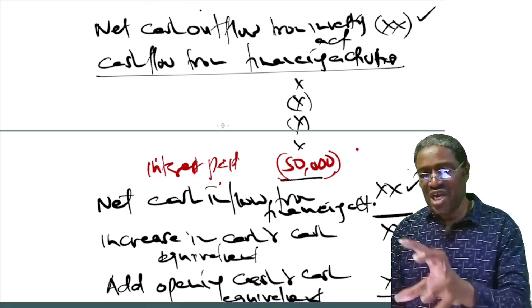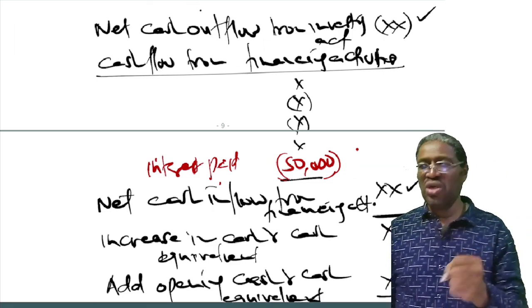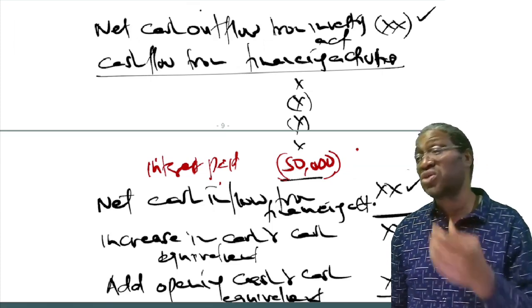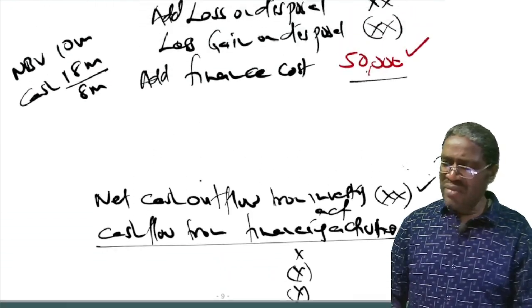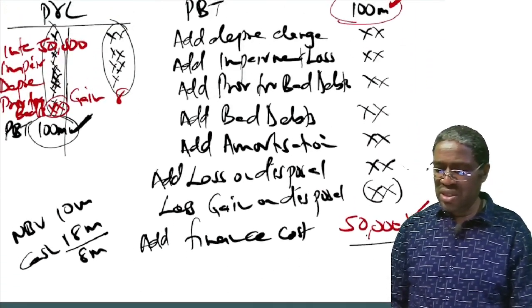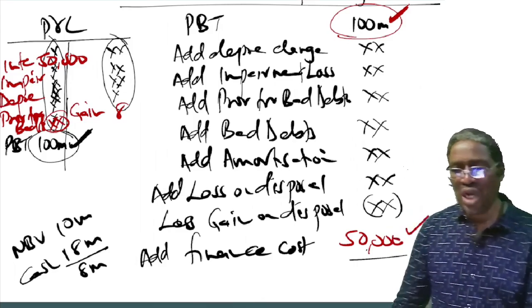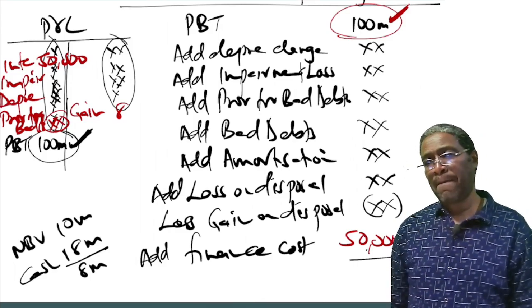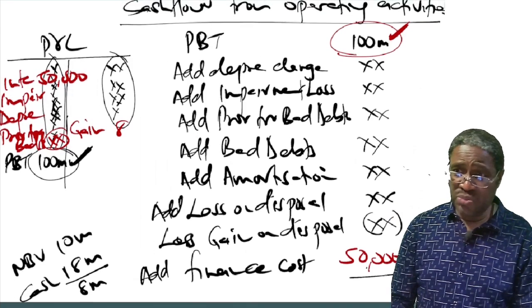So I've taken time to explain that concept of finance cost, which is what we are also calling the interest charge for the year. Now, coming back to the non-cash items here, I want you to remember this point.